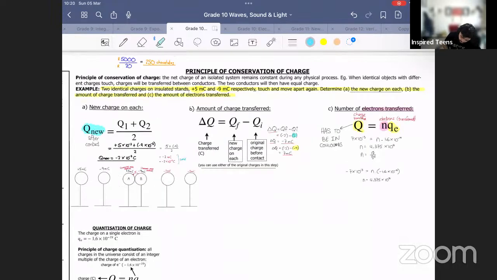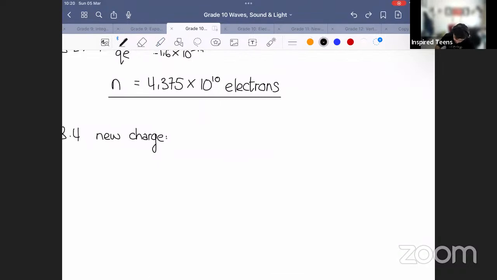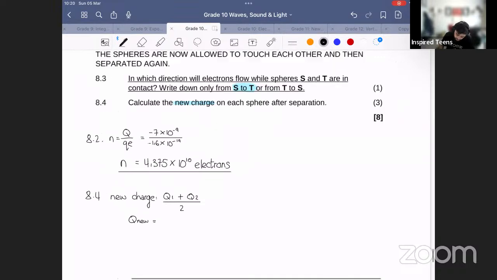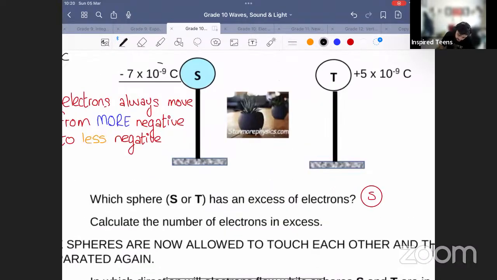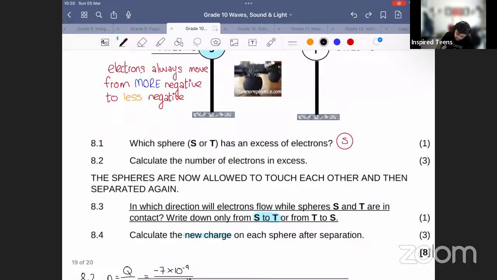Here it is, new charge. Even the formula has it in it, Q new. So new charge after contact is Q1 plus Q2 over 2, which is Q new. Q1 is -7 times 10 to the -9 coulombs. Q2 is +5 times 10 to the -9.